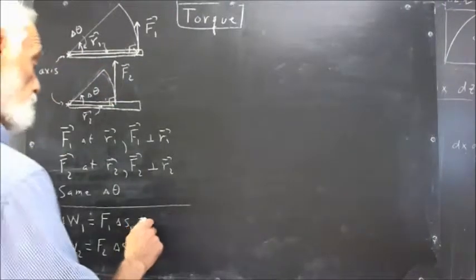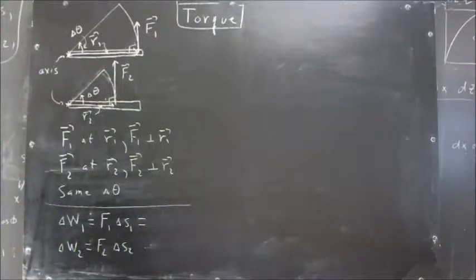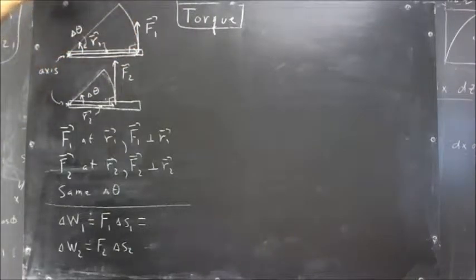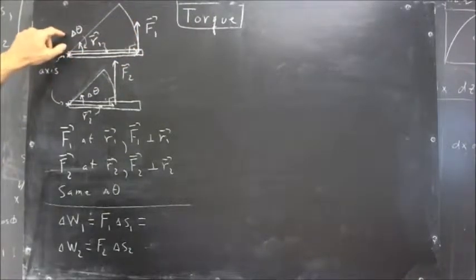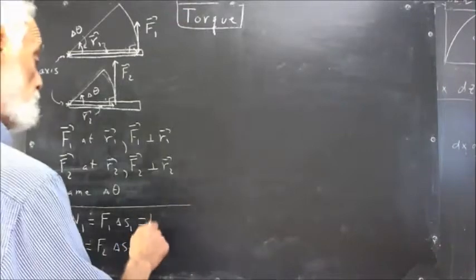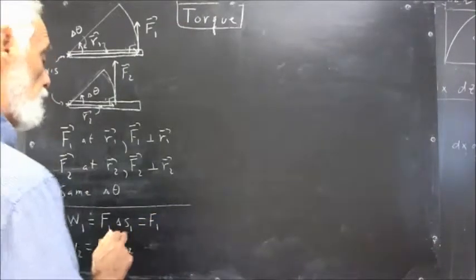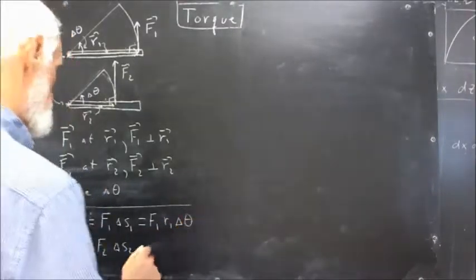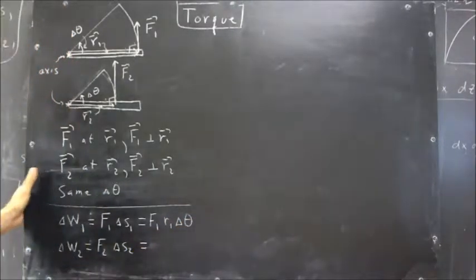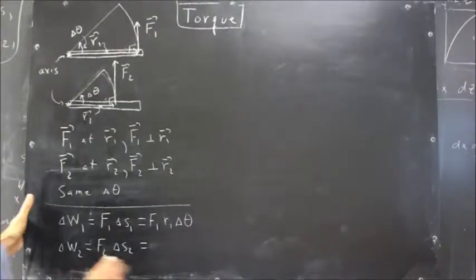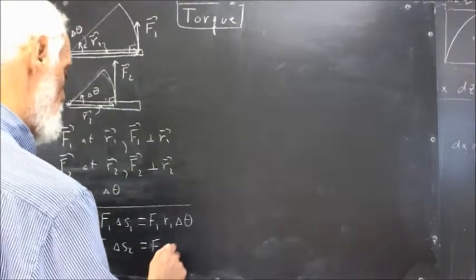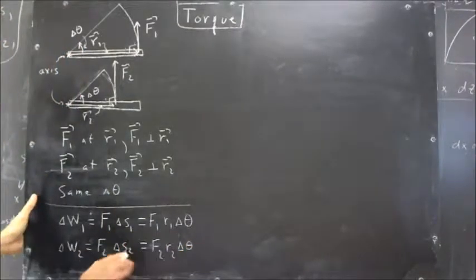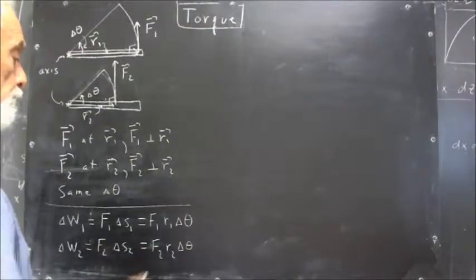Now we know that delta S1 is just the radius of this partial circle times the angle, so F1 delta S1 becomes F1 R1 delta theta, and the work on the second is F2 R2 delta theta. Delta S1 is R1 delta theta, delta S2 is R2 delta theta.